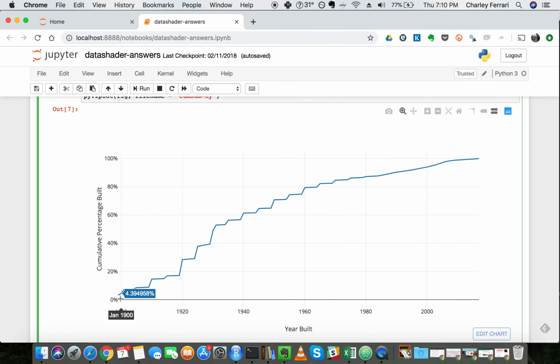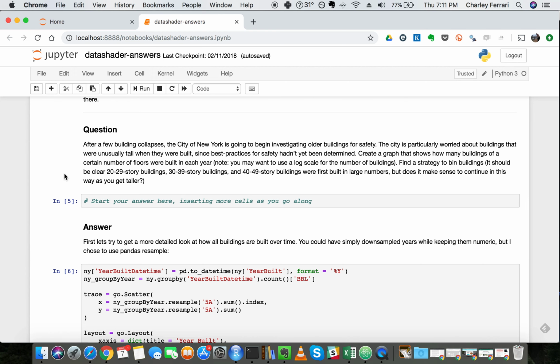And what this allows us to do is more easily see the specific answer to the question. So going back to the question, we want to look at when the first buildings of a specific height were built.